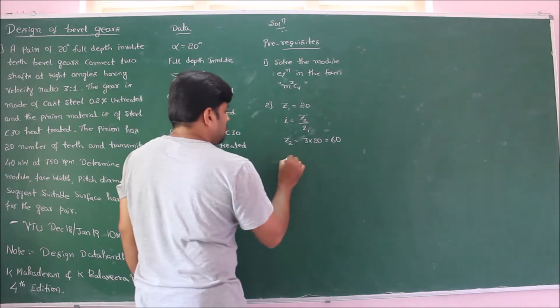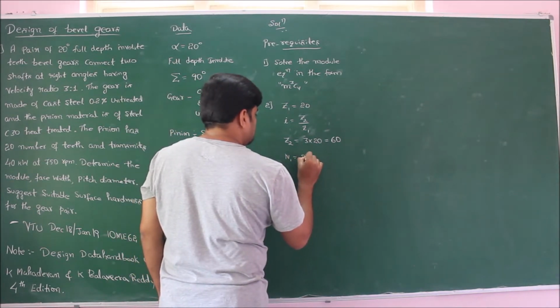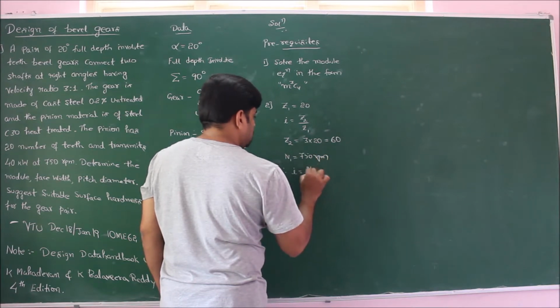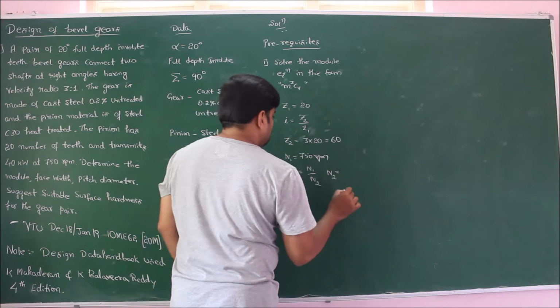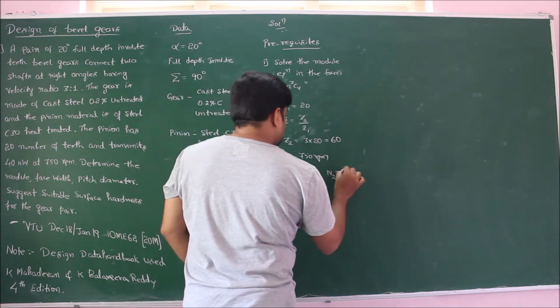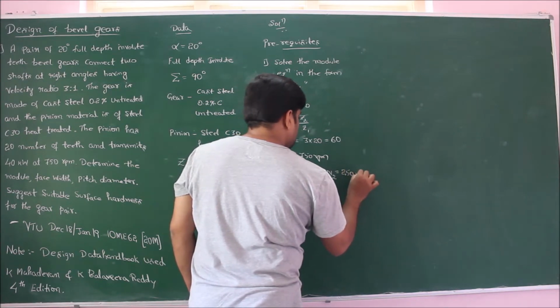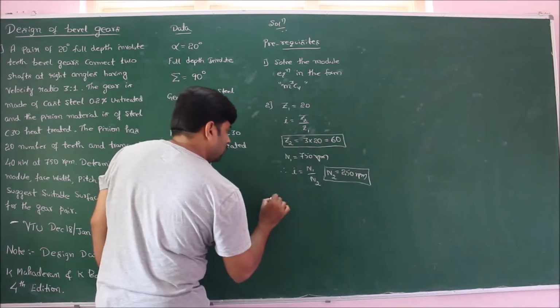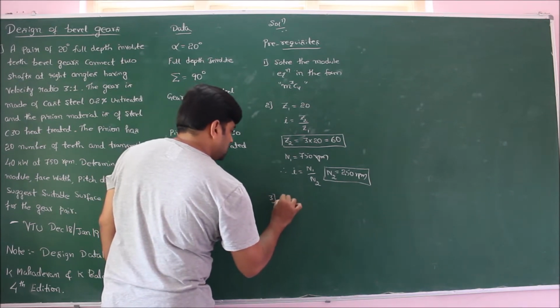Also the RPM is given. N1 is 750 RPM. I is equal to N1 by N2, so N2 will become 750 by 3, which is nothing but 250 RPM.